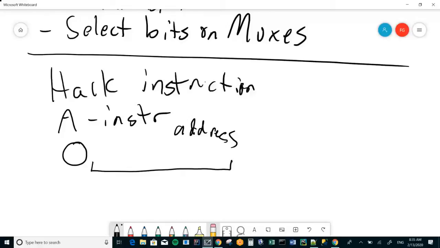But the key theme is always be thinking about what's getting changed and what is the change. Knowing that a complete explanation of that is derivable from the instruction bits and possibly some other stuff in memory. So that's the A instruction and thinking about wiring that. Any questions thus far?